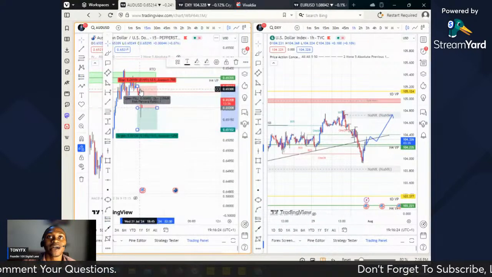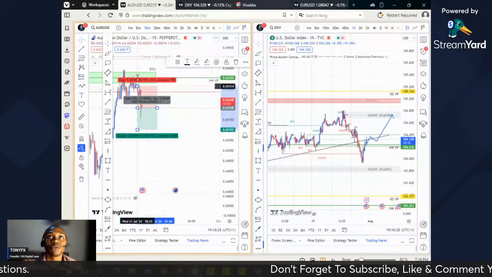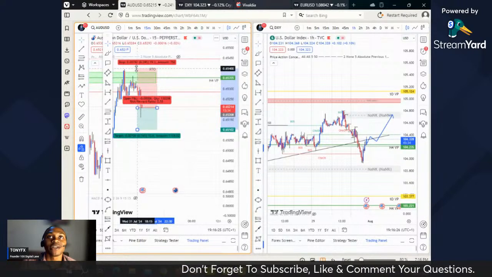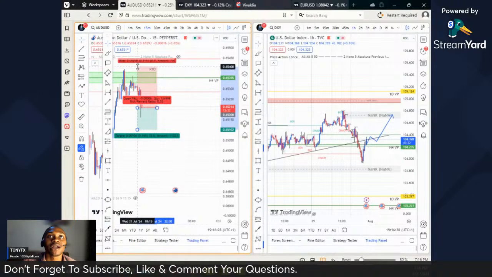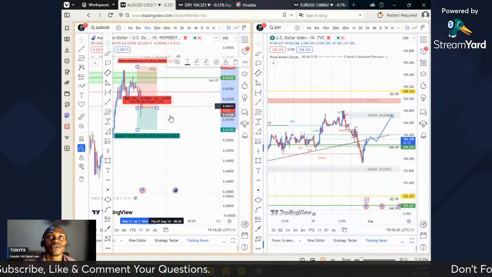Put the stop loss above here, which is around a 20 pip stop loss, to be on the safer side.